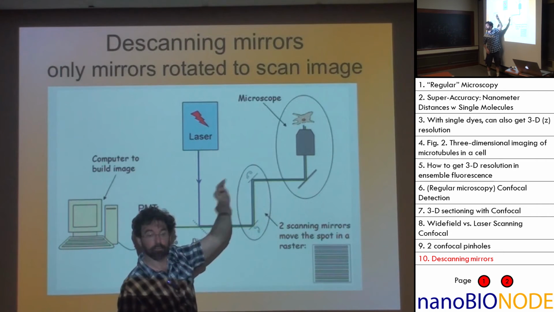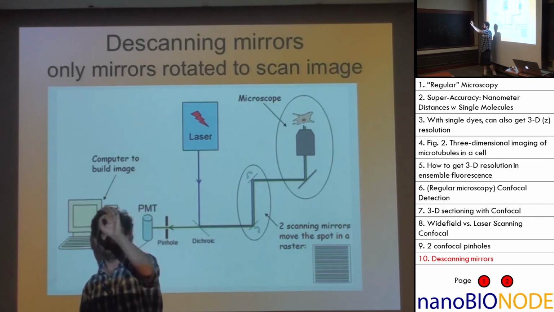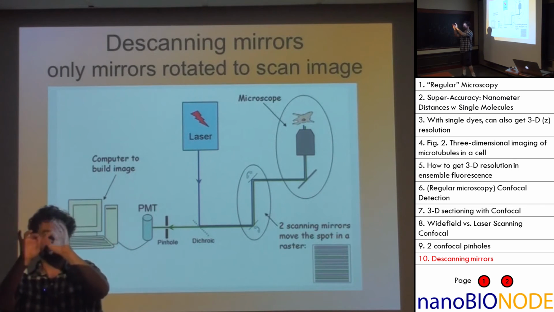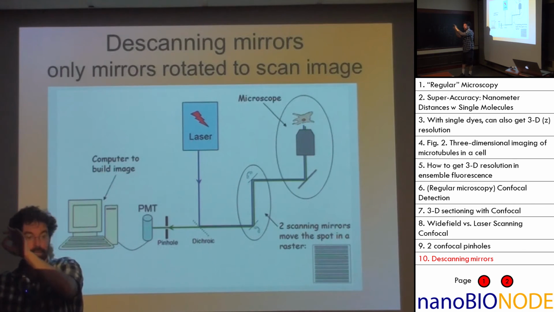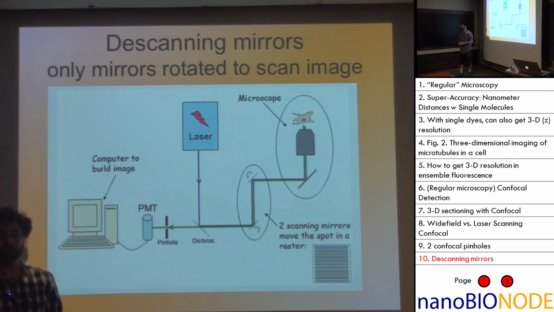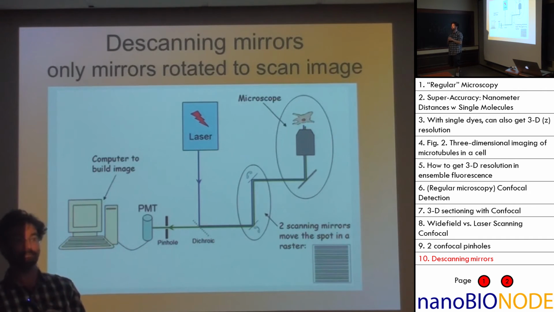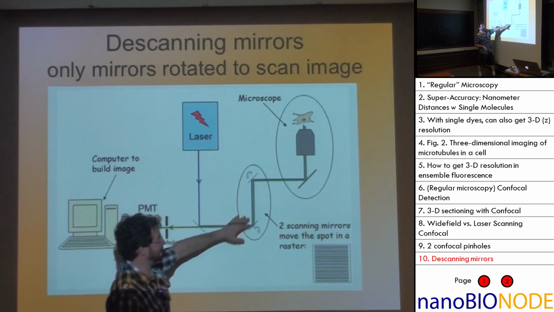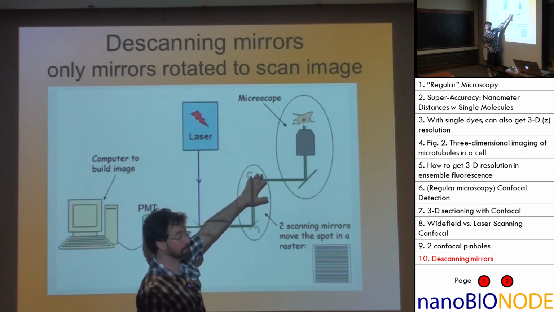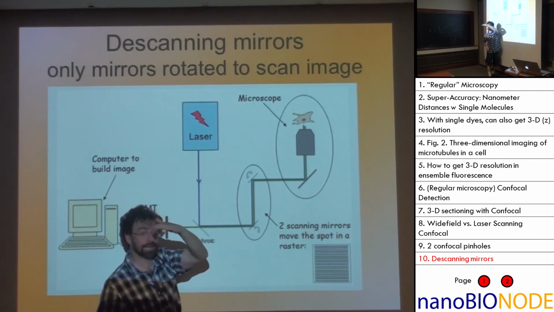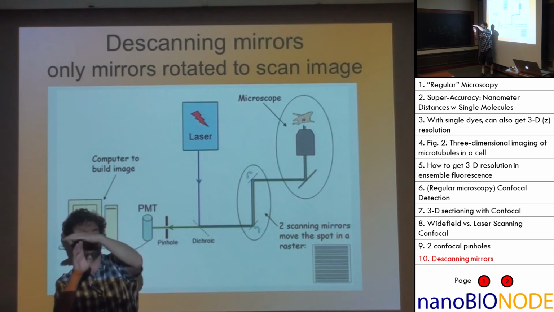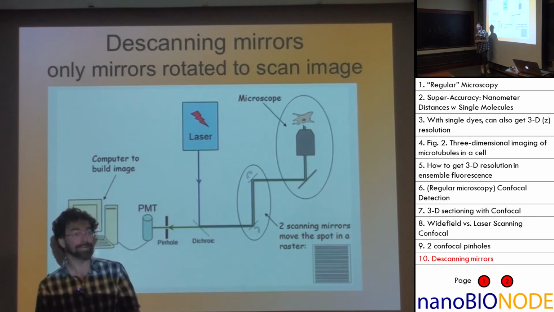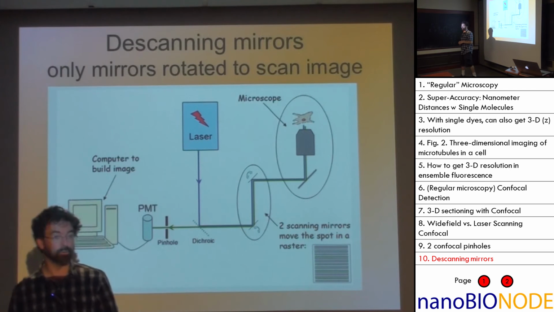To move from hitting here and then hitting a micron here and then a micron here and so forth, you can do that extremely fast. The corresponding technique would be you don't have any sort of mirrors and you're moving your sample 1 micron, then another micron, other micron. It takes a long time to do that.